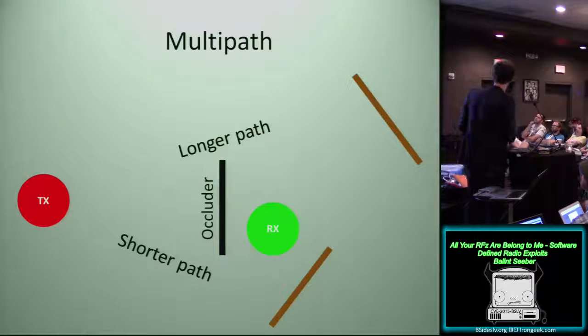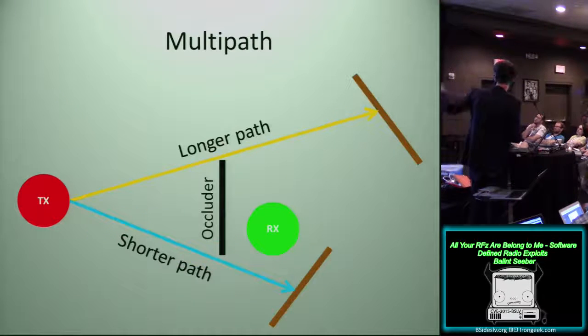If you have multipath, and this is the experimental setup that we did, you have, say, a longer path and a shorter path, and the same TV signal will travel along the long path and then get to the receiver at a slightly later point than compared to the short path that'll go from the transmitter and then get to the receiver.